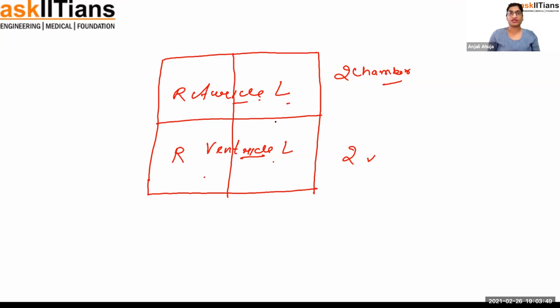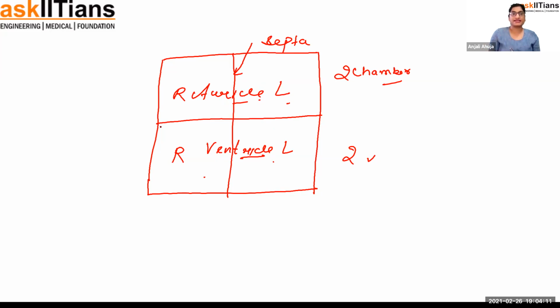All four chambers are separated from each other by a cross wall structure, which we call the septa. Septa means something which is separating the two. The septa present in the auricles is known as the auricular septa, and the septa in the ventricles is known as the ventricular septa.